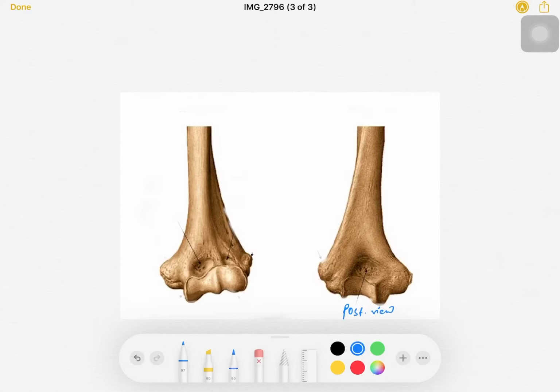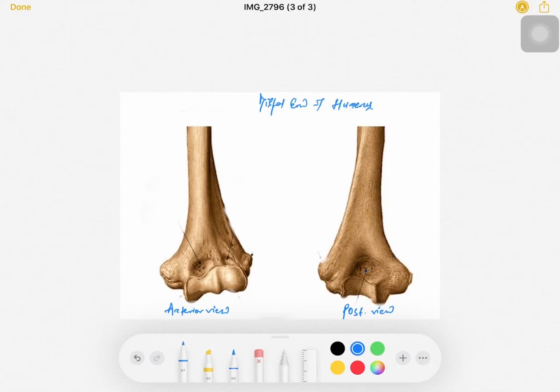Why is it the posterior view? It's because of your olecranon fossa here, and this one is your anterior view. Both are the distal end of the humerus, anterior view and posterior view.